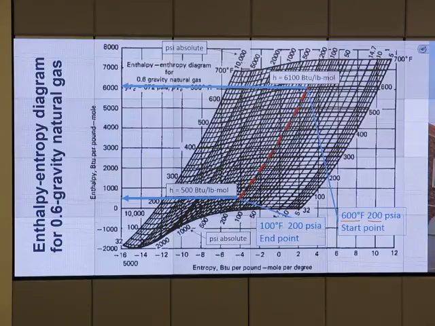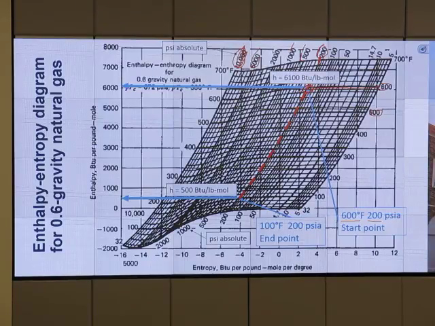I read the bottom one. That is 10,000, 5,000, 2,000, 1,000, 500. That is psi, right? I need 200 psi. So 200 psi is that line. And I need 600. So I have 500 over here and 600 Fahrenheit is over there. So my start point is from there.